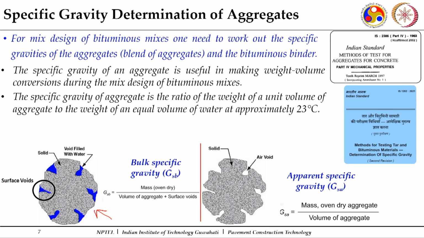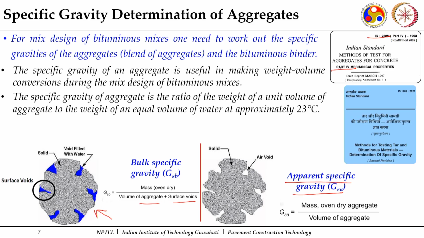So, it is a saturated surface dry condition. For this case, the specific gravity is determined from the oven dry weight over the volume of aggregates plus the surface voids filled with water, and that gives you the bulk specific gravity. The other one, if there is no water absorption considered, is the apparent specific gravity. This is already given in IS 2386 part 4, as well as the determination.